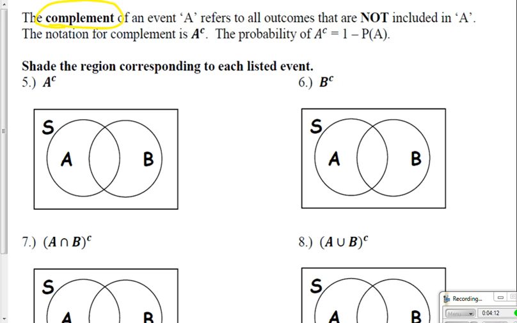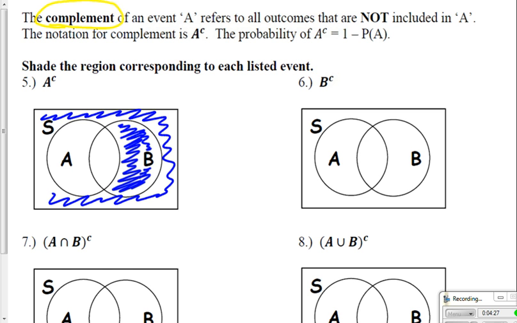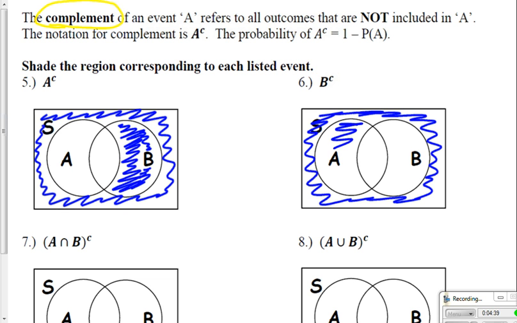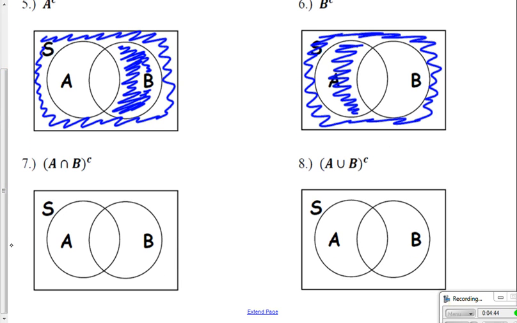Okay? So here they ask us to shade, in number 5, the complement of A. So that would be everything that is not in A, which would be all of that. Okay? Not in B would be all around here, and then all in here, not in B. And then number 7 says to do the complement of the intersection.